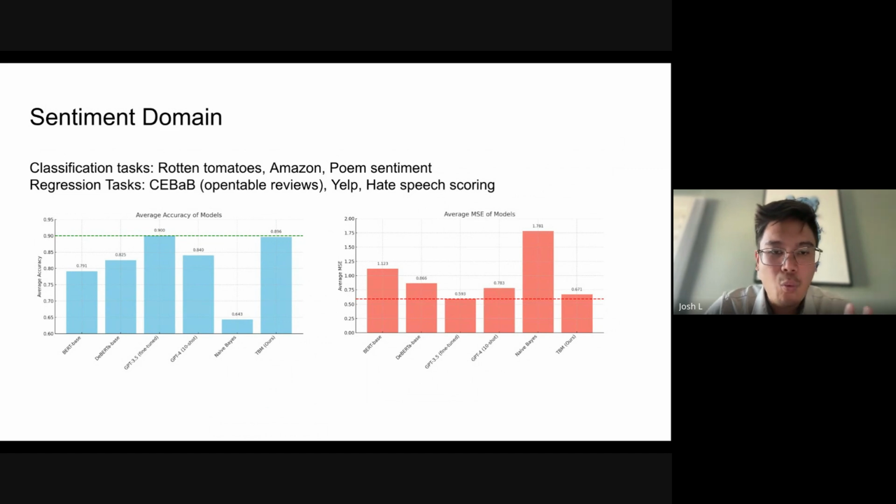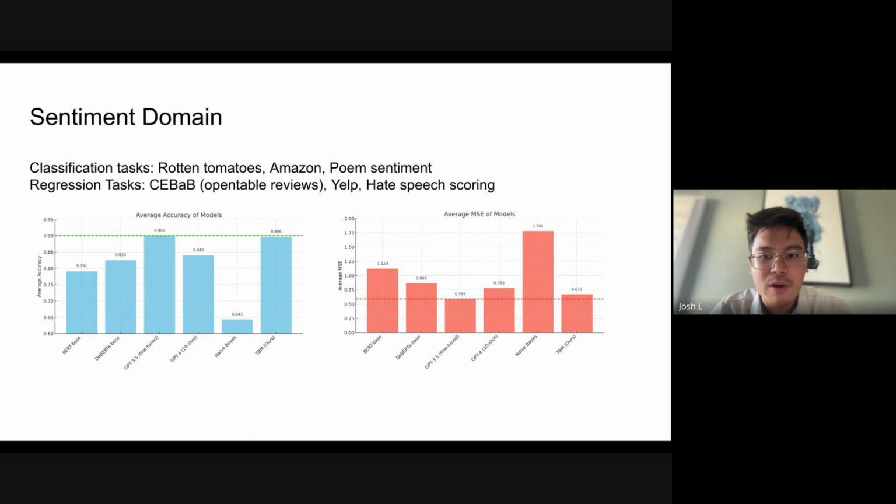One interesting note about the performance of the model is that it's fairly competitive. You can see here that for classification tasks, there's a nice gap between the text bottleneck model and fine-tuning BERT and DeBERTa. It's also able to somewhat match fine-tuning GPT 3.5 for classification tasks.